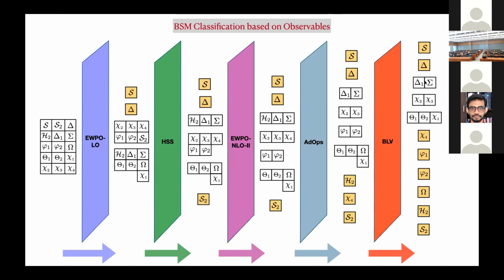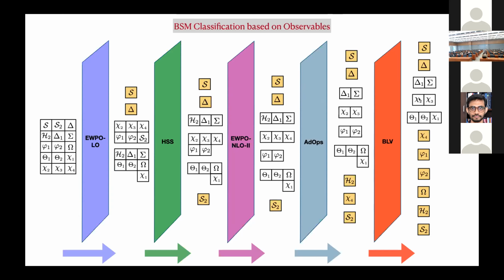That means if you include only this set of observables, and integrate out up to one loop, then Delta 1 and Sigma offer the same set of operators. So it is very difficult to discriminate them by looking at their operator structure.